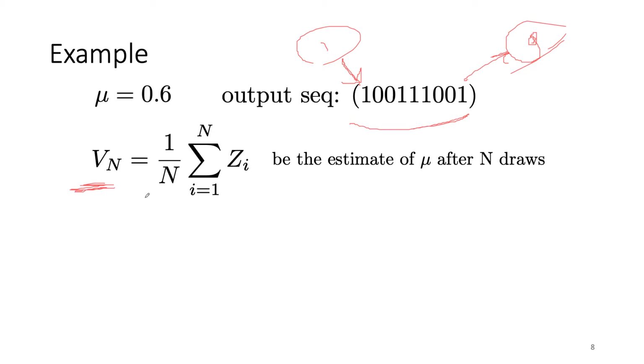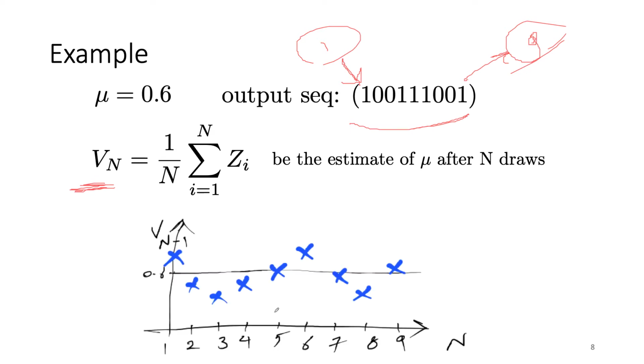So what do you think could be the plot of Vn, which is an estimate of a random variable, for the 9 iterations? When we plot them, they are pretty close around this 0.6, but not quite, up and down, okay?